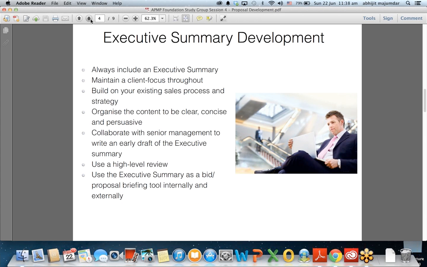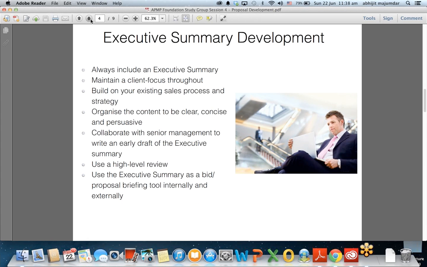Now, is it really relevant for the customer unless you are actually solving his problem or his objectives for soliciting that particular RFP? The customer is interested in his requirements and his expected outcomes.